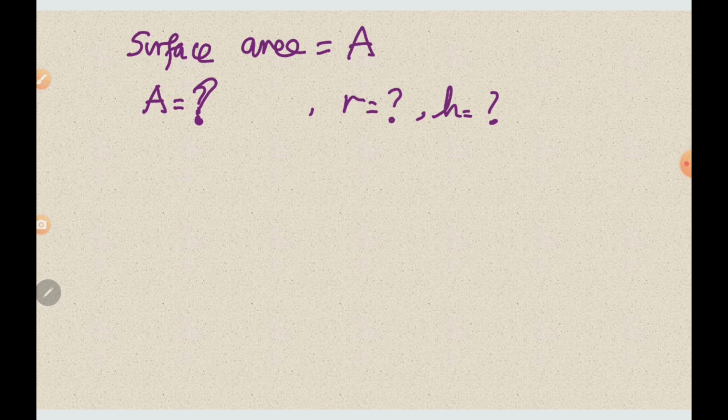Okay, so what is the function that you want to optimize here? What is the function that you want to get the maximum or the minimum? So we want to get the minimum surface area. Okay, so A will be the function that you will optimize. So you must write what is A in terms of r and h first.